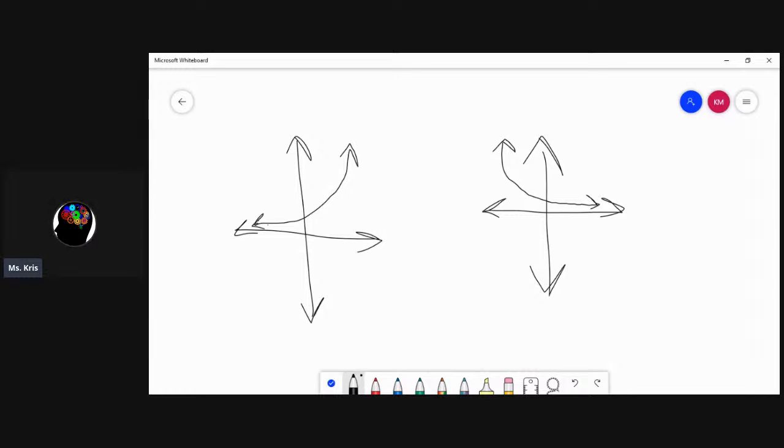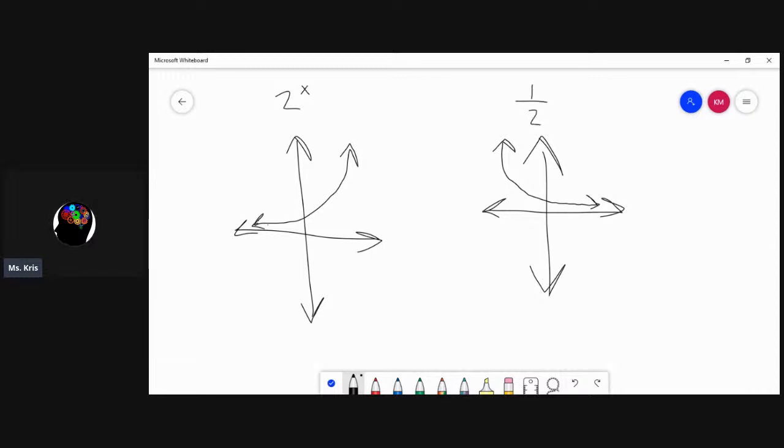So now, if you have whole numbers, those are growths.